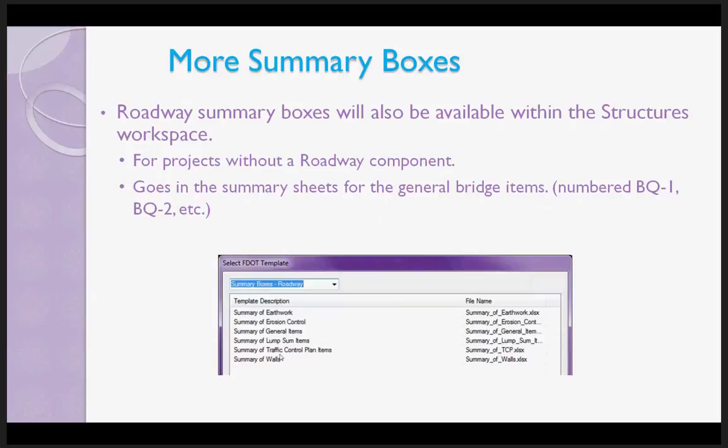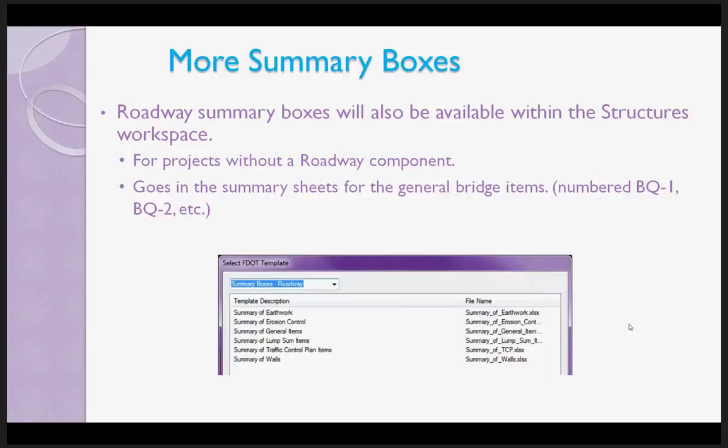They will be available within the structures workspace as well, and it's a different option in the drop down. These summary boxes, if you need them, would go on the general bridge summary of quantity sheets, so they would be the ones numbered BQ1-1, whatever it may be.